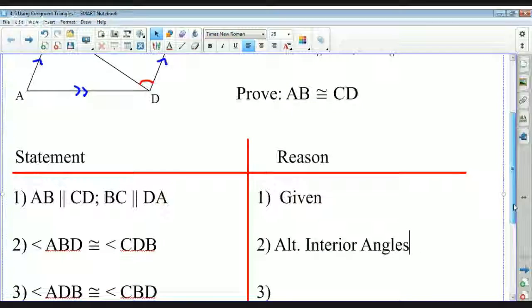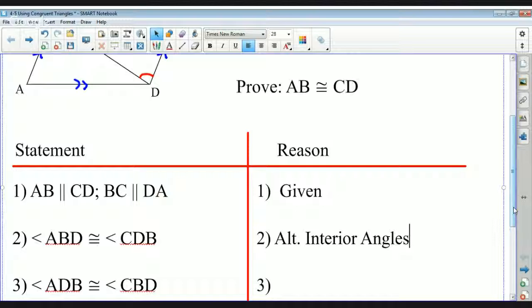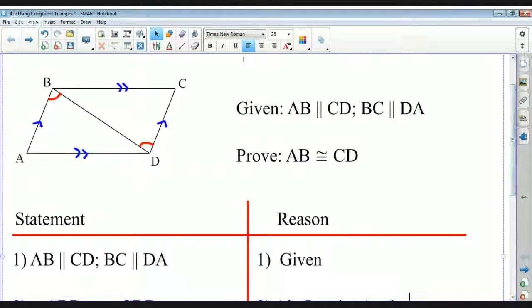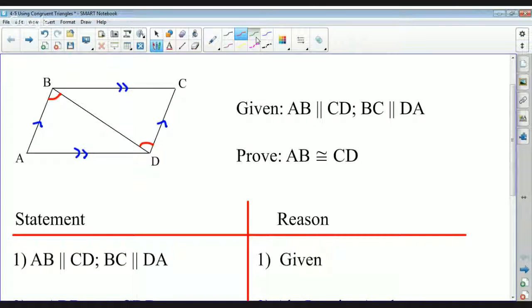Our next statement for our proof is looking at angles ADB and CBD. If we go back up to our picture, we are now going to look at the opposite sides. ADB is in the bottom triangle in the bottom right corner, and DBC is in the top triangle in the top left part.